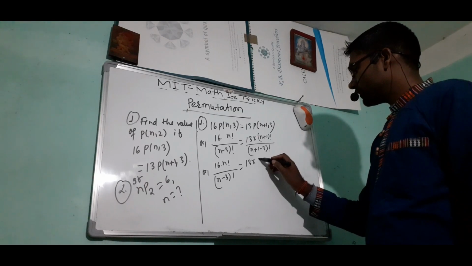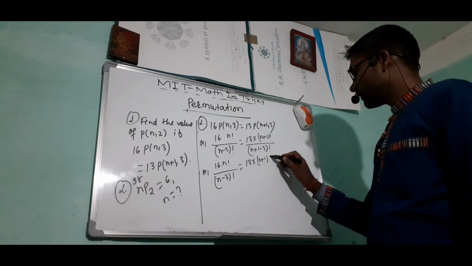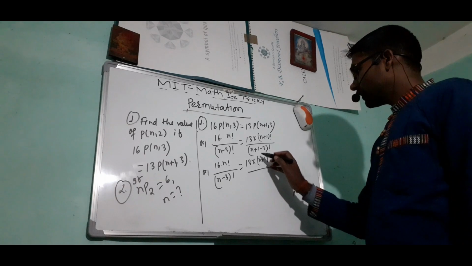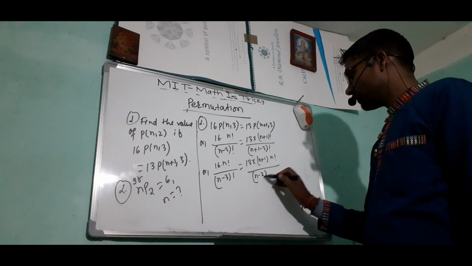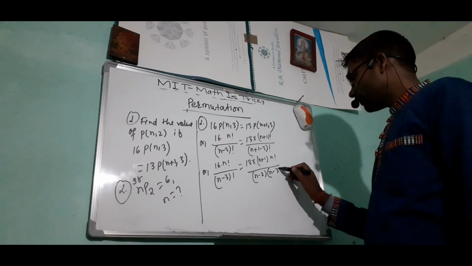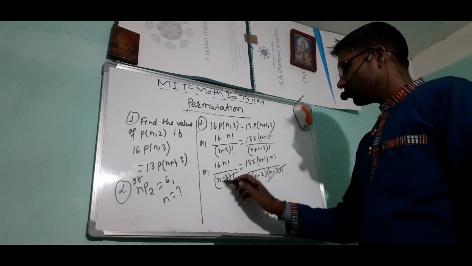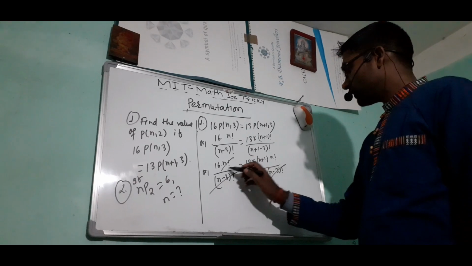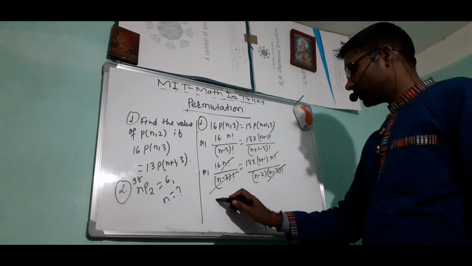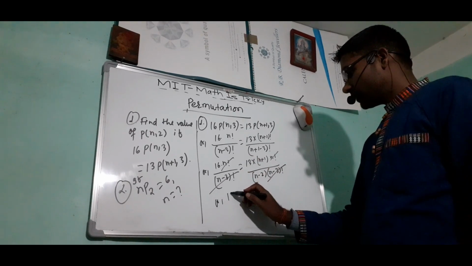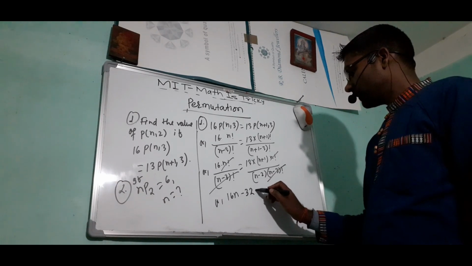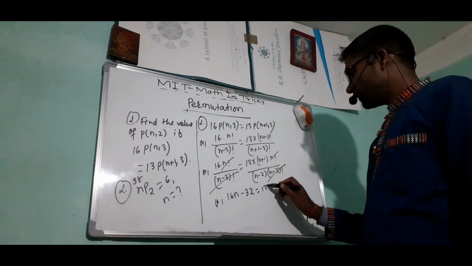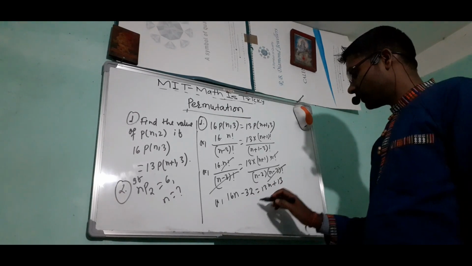Now let's simplify this. So (n plus 1) times n factorial, and this is (n minus 2), which means we can write here (n minus 2) times (n minus 3) factorial. This cancels. This n factorial cancels. So what we are getting here: 16n minus 32 equals 13n plus 13.